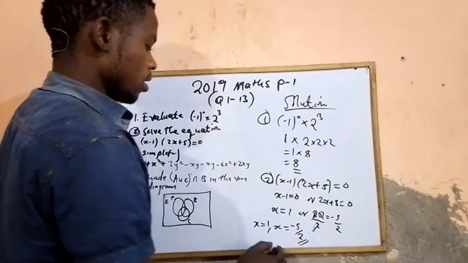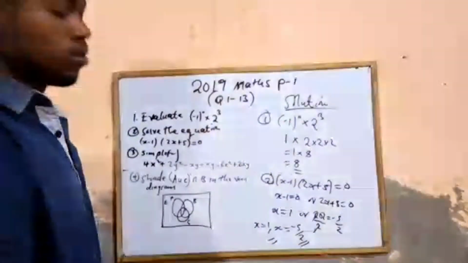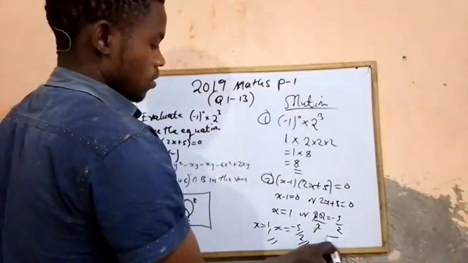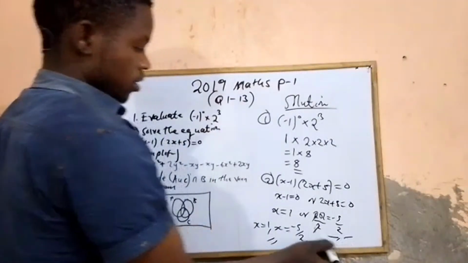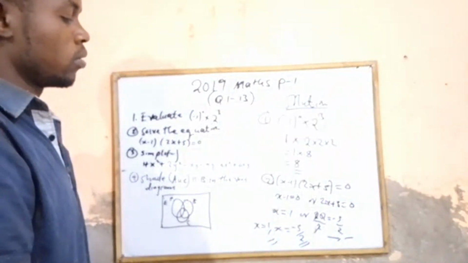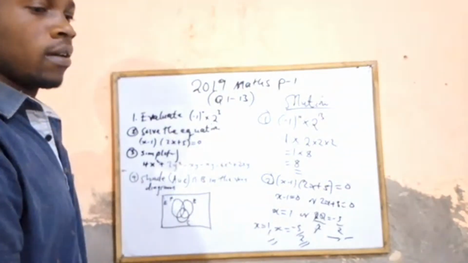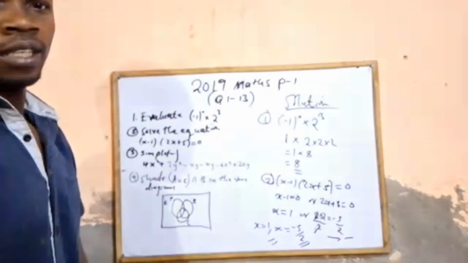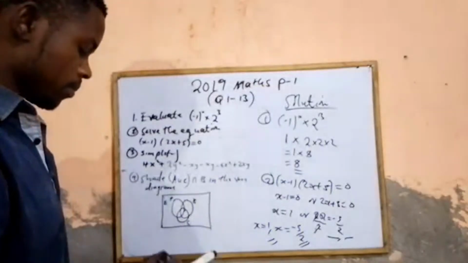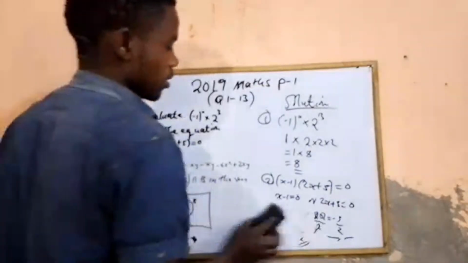So these are the 2 possible values. And if you look at the past paper, we have 2 dashes there, so that means they needed 2 answers. Because if you just indicate one answer, you are going to get half the mark.